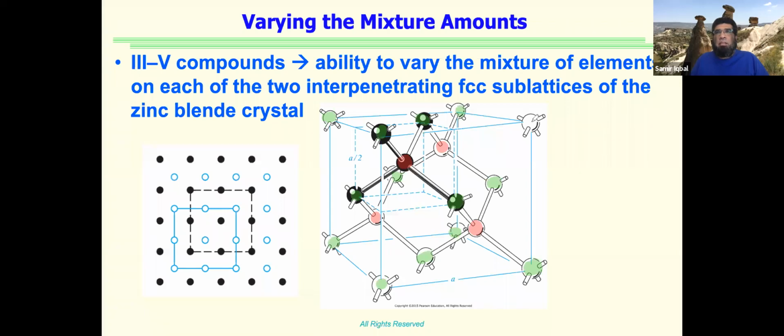The red ones are those four which define a diamond lattice. Okay. Now, once that's out of the way, what's important here is that if we look at this structure from the top, we see that there are two interpenetrating FCC sublattices.